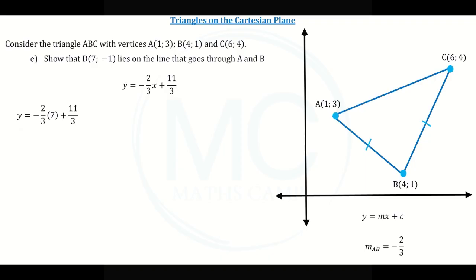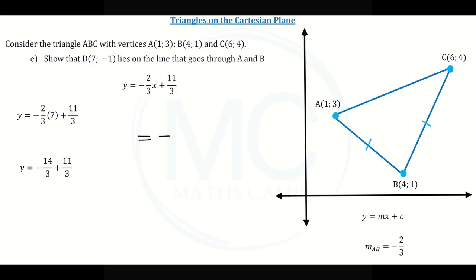Now we can say y is equal to negative 2 multiplied by 7, which gives us negative 14 over 3 plus 11 over 3. Negative 14 plus 11 gives us negative 3.